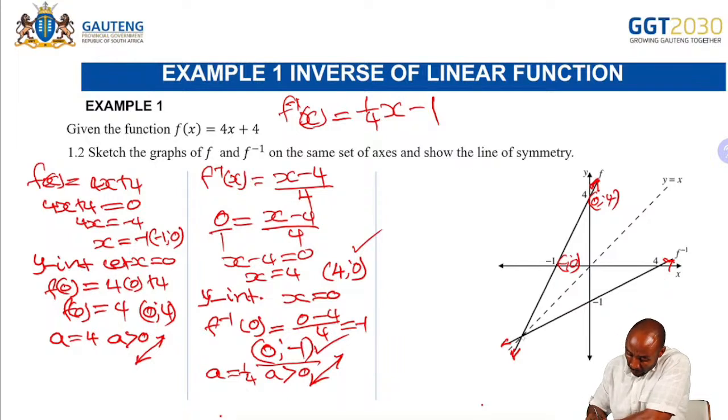And you are able to see that they intersect somewhere along the line y is equal to x. Now, that's my graph. In most cases, for finding your x-intercept and y-intercept, you will get 1 mark. For sketching the first graph, correct shape, your x and y-intercept, you get a mark.